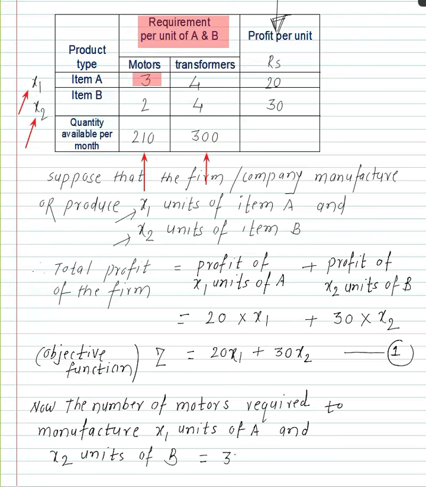Similarly, 1 unit of item B require 2 motors. So x2 units of item B will require 2 into x2 motors.